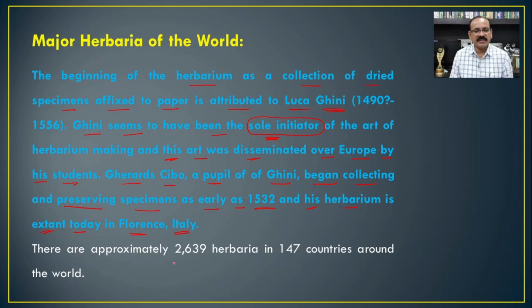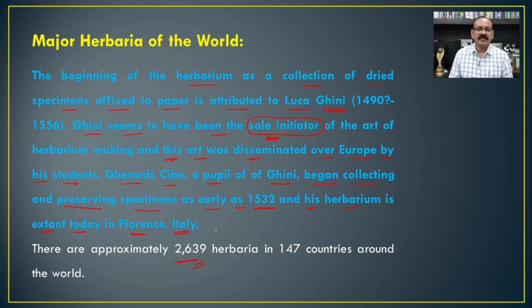There are approximately 2,639 herbaria available in 147 countries around the world. We are talking about the major herbaria.